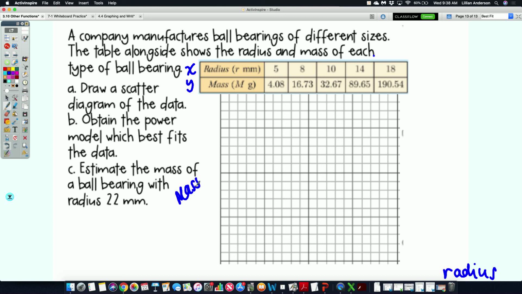So, again, what you have on your notes is centimeter paper, where every 5 lines or every thick line represents what? 1 centimeter, okay? So, if you notice for our radius, we have 5, 8, 10, 14, and 18, and we basically have 4 centimeters. What would be a good scale for our centimeters? 5. By 5, starting at the origin, 0, okay? So then this will be 0 here.